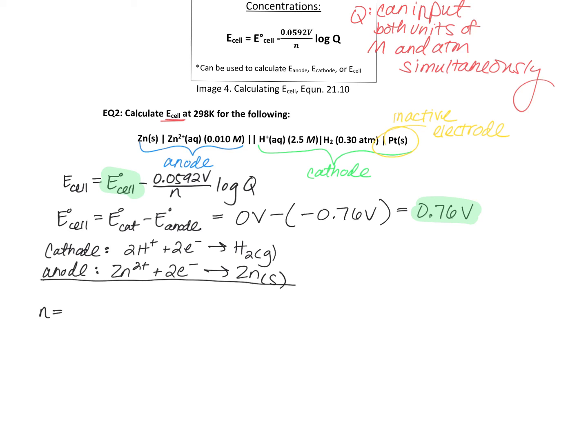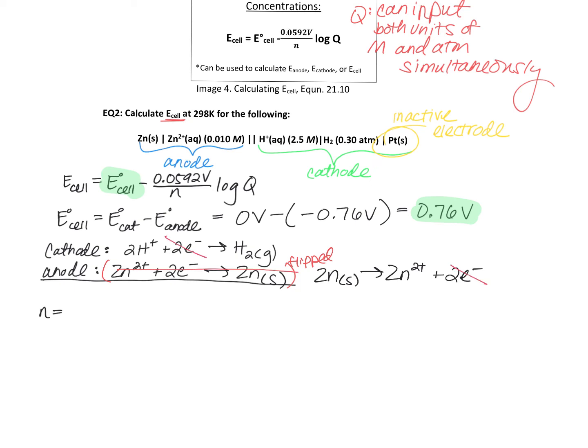So remember, my anode has to be flipped so that it's showing in the oxidizing direction in order for my two half reactions to add together. So an oxidizing half reaction means electrons are shown on the right. So when I add them together, the two electrons end up canceling.